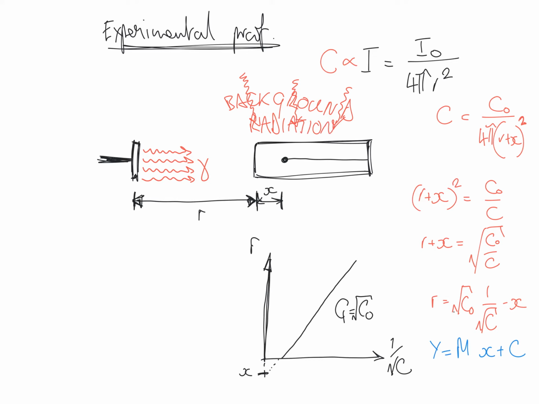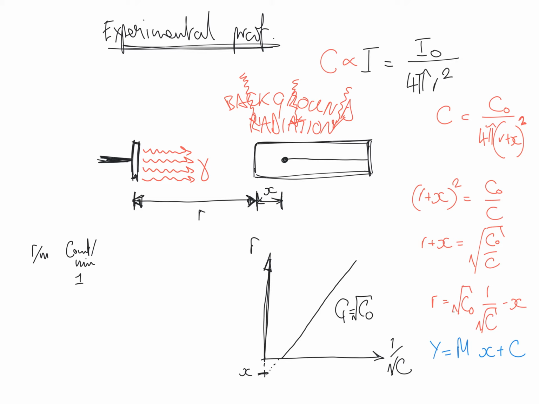So what will our table look like? Well, there's going to be lots of components to this table. We're obviously going to be measuring the distance r in meters. We're then going to be measuring the count rate, and that's probably going to be something like counts per minute.